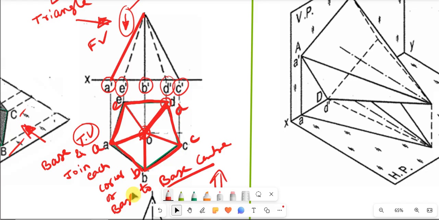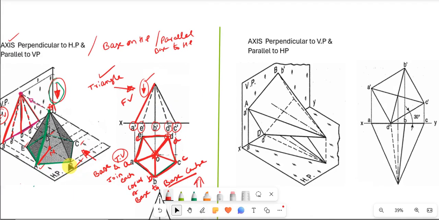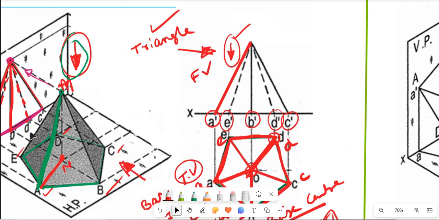You can see here, these slant edges are visible in the front view. This is the maximum width of the solid in the front view. The slant edges from E and D, which are behind, we are unable to see. Those edges must be hidden.